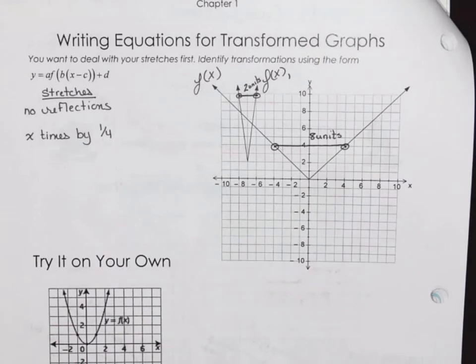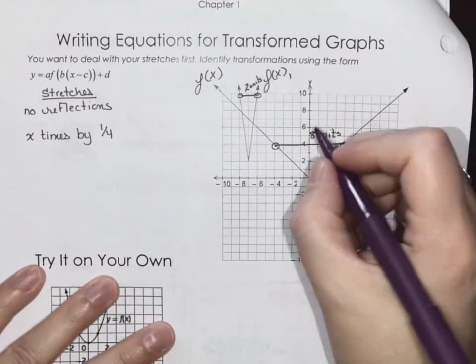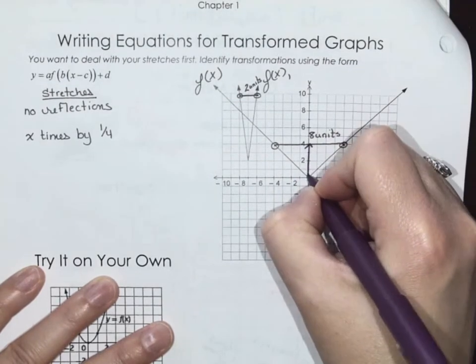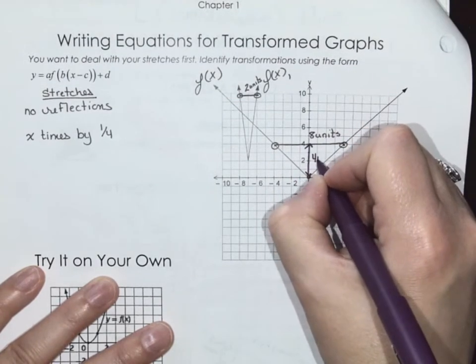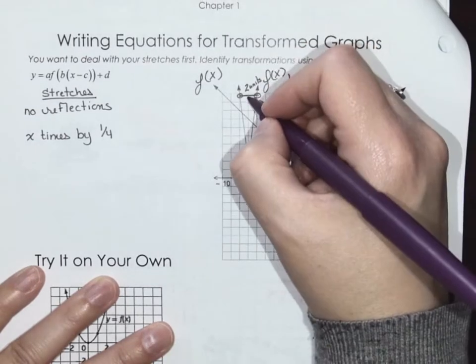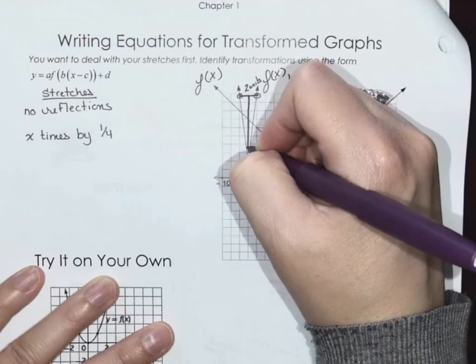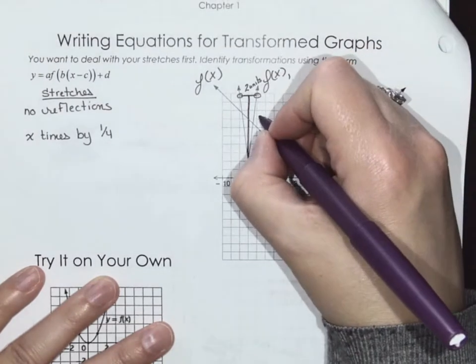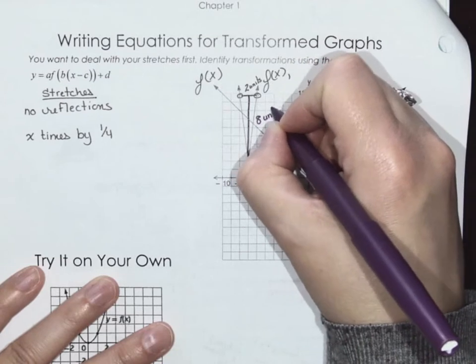Okay, let's talk about the y values here. If we go from here to this height here, that's a height of 4 units. And if we go from this one here to those dots, this one has a height of 8 units.